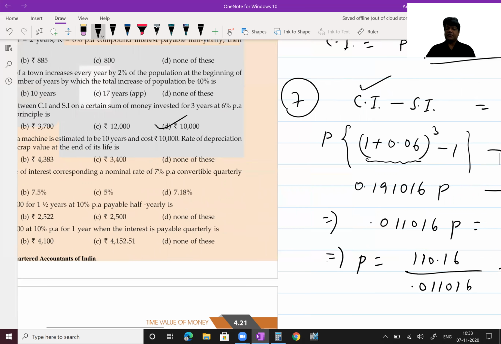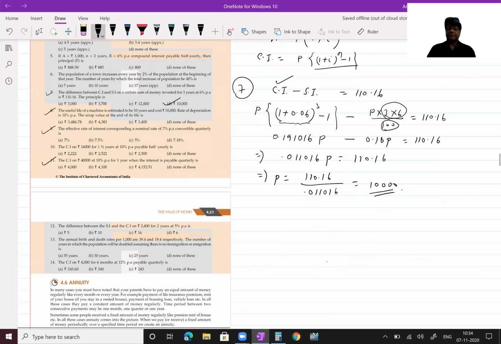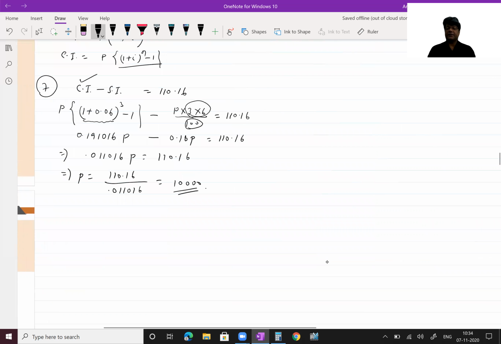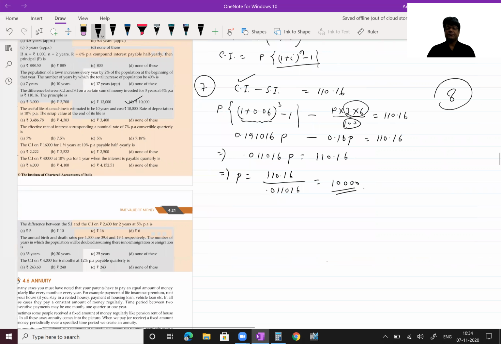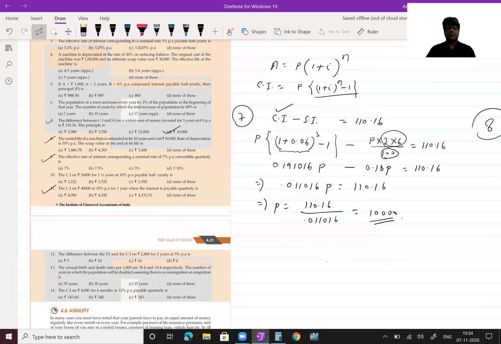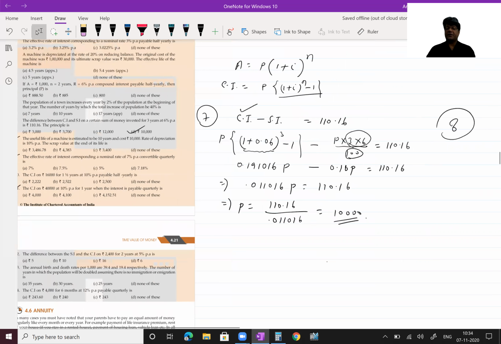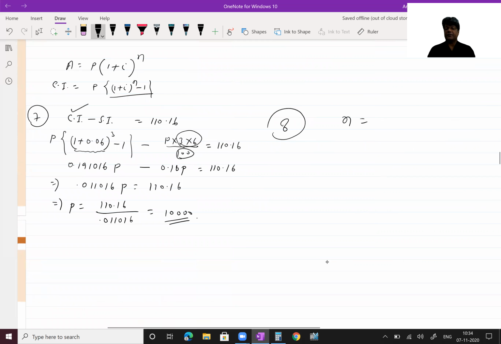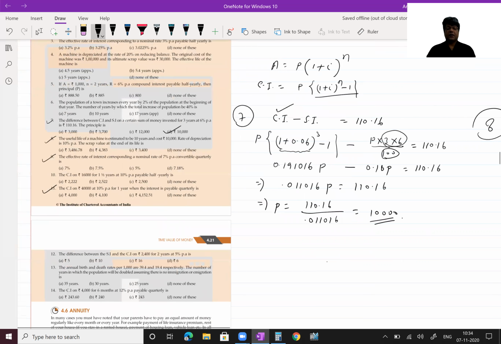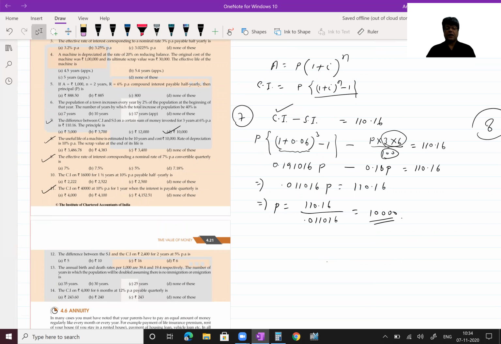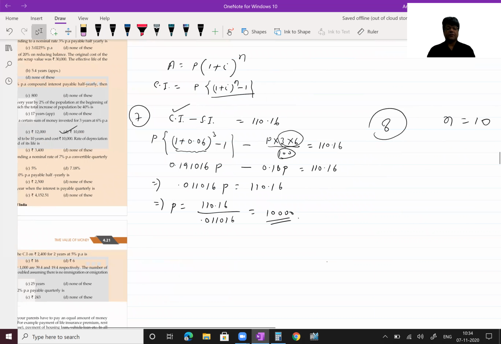Now guys, question number 8. Question number 8 is: the useful life of a machine is estimated to be 10 years. N is equal to 10. And cost rupees 10,000. Of course, the machine's cost is 10,000.